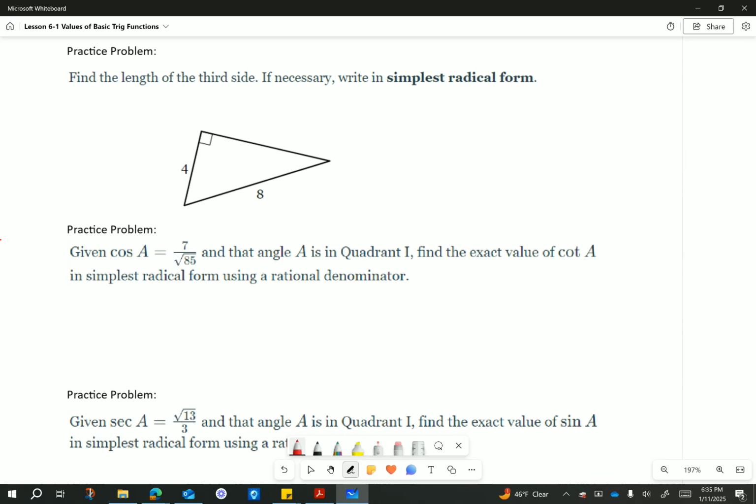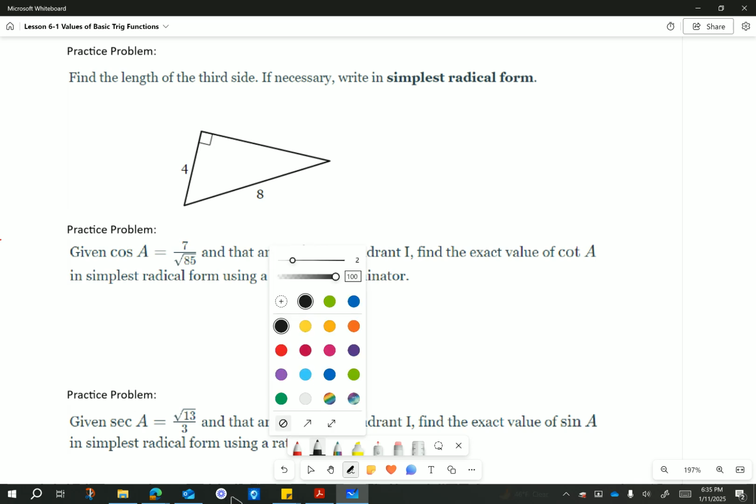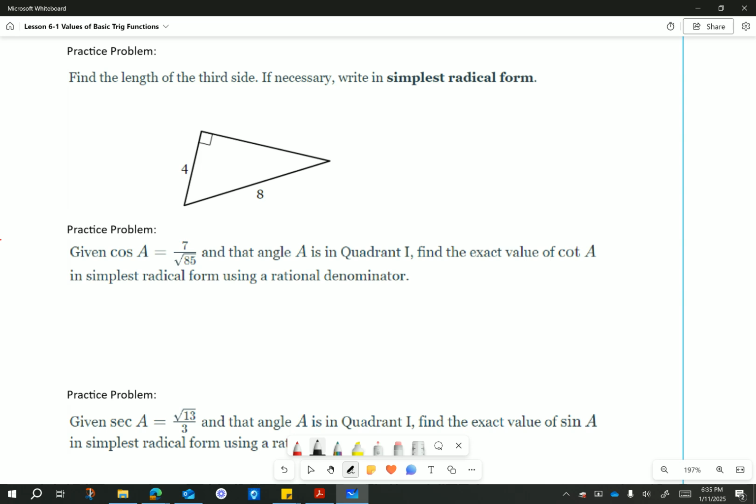The first practice problem, we're going to keep it real simple. If you are given 2 side lengths of a right triangle, find the length of the third side. I like to encourage students to please first identify what are your lengths of your legs and what is the hypotenuse.